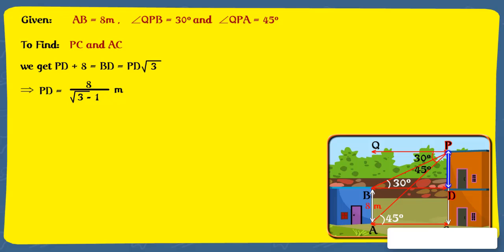This gives PD is equal to 8 upon root 3 minus 1 meters, which gives 8 into root 3 plus 1 upon root 3 plus 1 into root 3 minus 1 meters is equal to 4 into root 3 plus 1 meter.